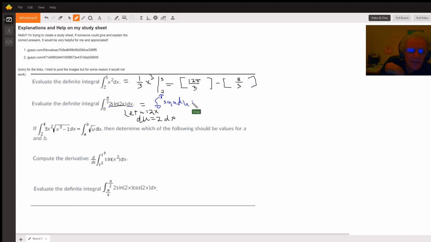And now the antiderivative of sine is what? Negative cosine, evaluated from 0 to pi. And, well, I'll let you take it from there.